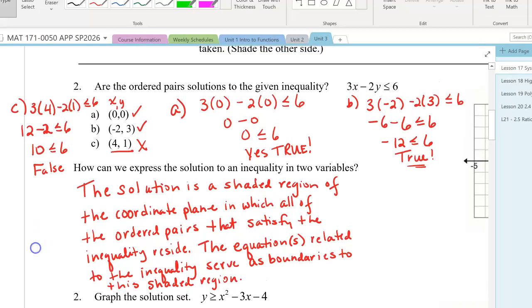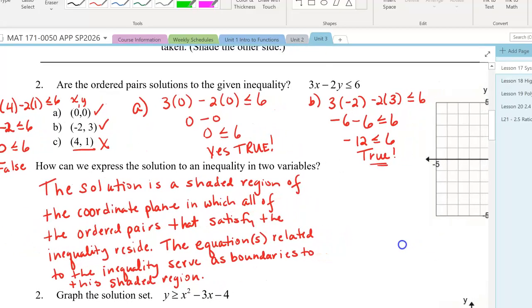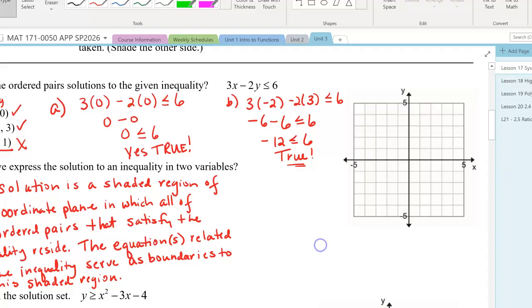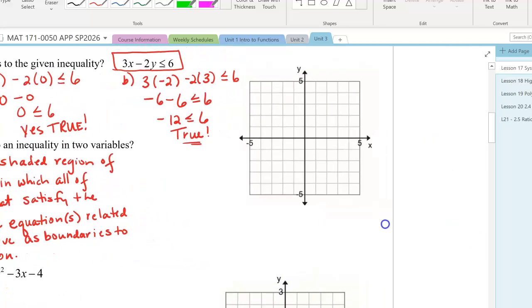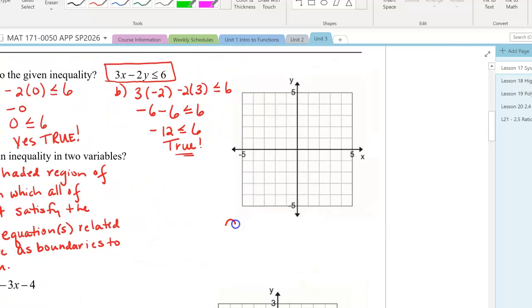So let's look at our example 2 above. We had the inequality 3x minus 2y is less than or equal to 6. We already know that the origin and the point -2, 3 are solutions, but those aren't the only solutions. So to show the solutions, what I'm first going to do is graph the boundary.